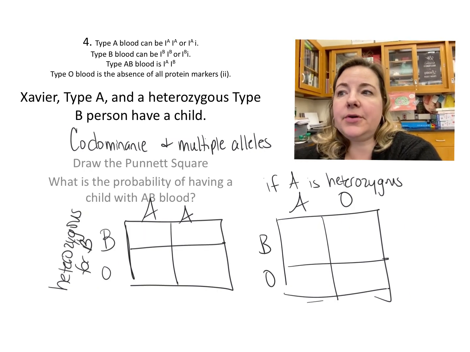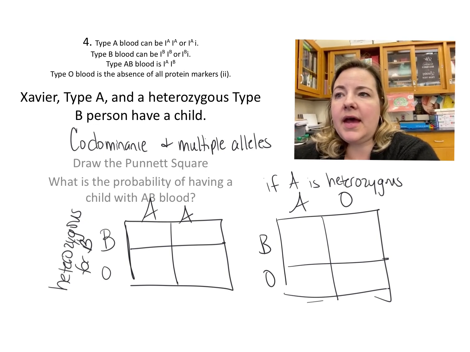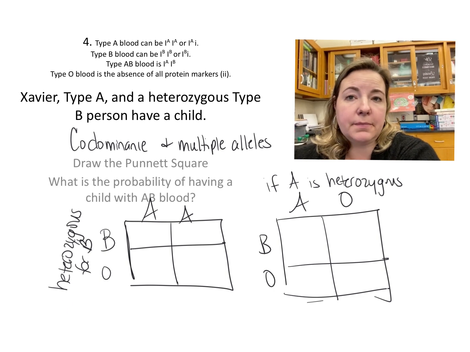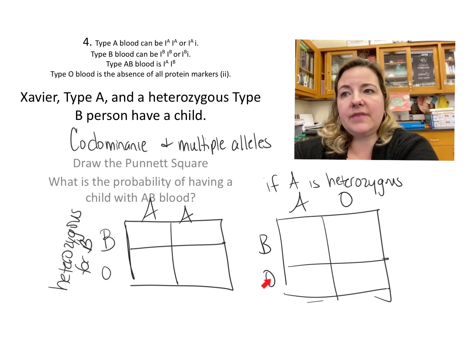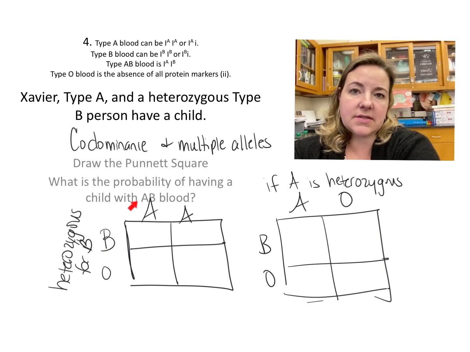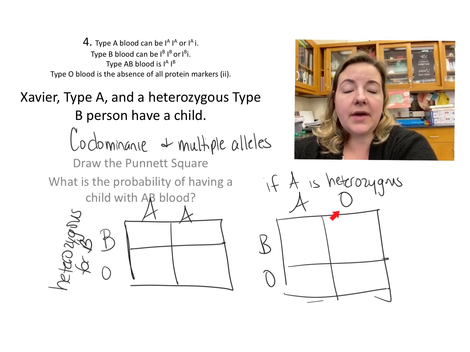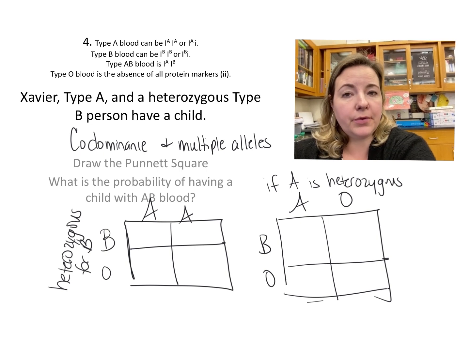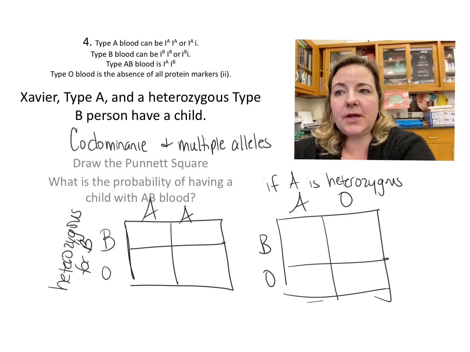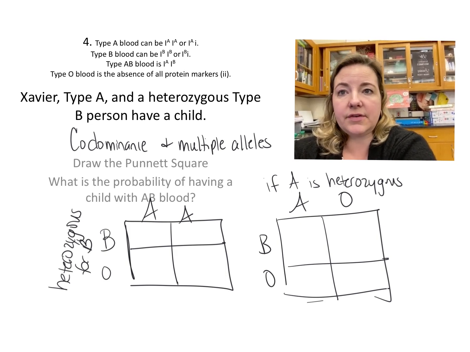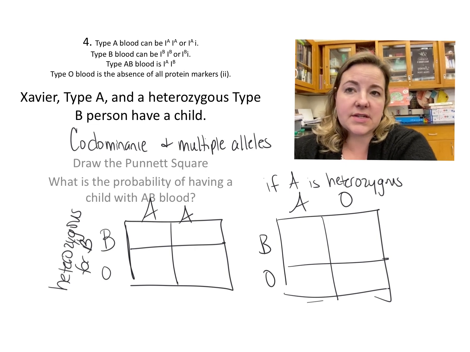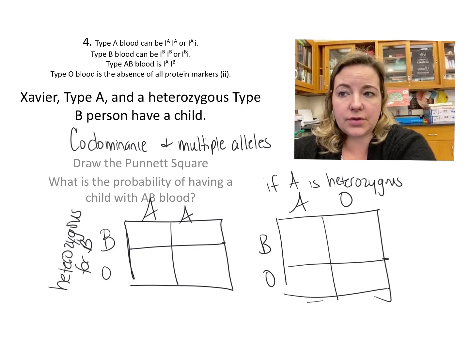Okay, for this example, we have blood type A with a heterozygous type B person. So we know that the B is heterozygous, but we actually don't know if A is homozygous or heterozygous. So I do have two Punnett squares here doing it both ways to determine the probability of having a child with blood type AB, because we don't actually know if the individual is homozygous or heterozygous for the trait.